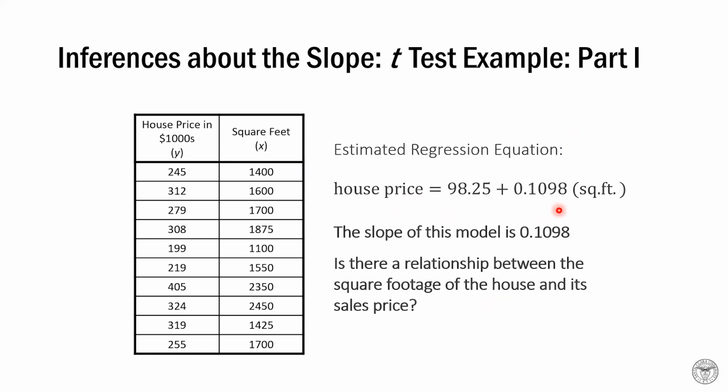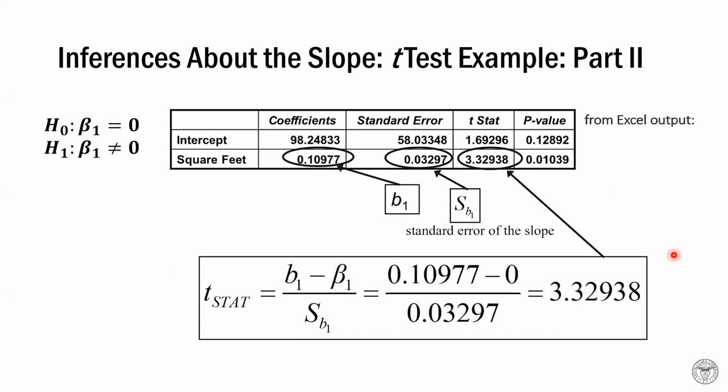But are we confident that there's a significant linear relationship between the square footage of the house and its sales price? To answer this question, we have a null hypothesis, beta sub 1 equals 0, by using a t-test.